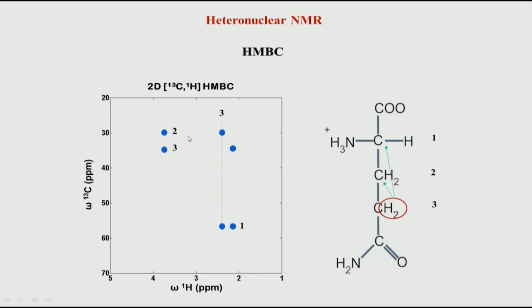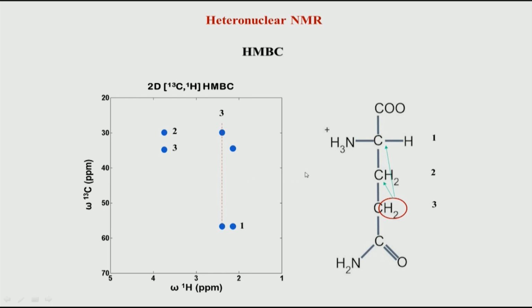But with this interaction, we can see it starts giving us longer range information. It is telling us that this proton is not only attached to this carbon, which we get from HSQC, but also which other carbons are close, that is, 2 or 3 bonds away from this proton. So, in a way it is helping us to get connectivity information.